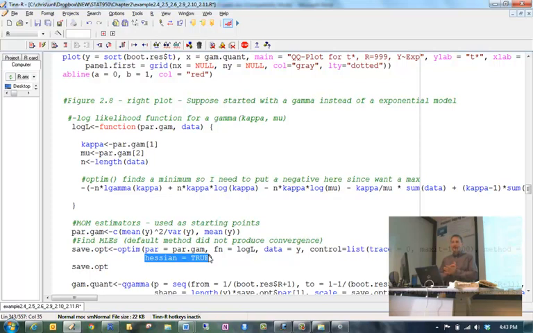And why is that important? Because the observed Fisher's information matrix is the negative of the matrix of second partial derivatives of the log likelihood function. I'm sorry, I don't think I said that right.